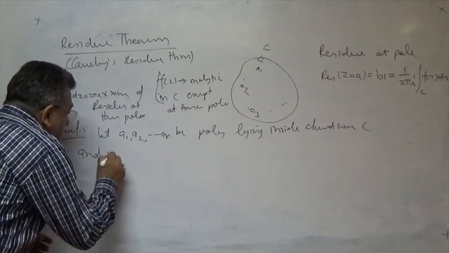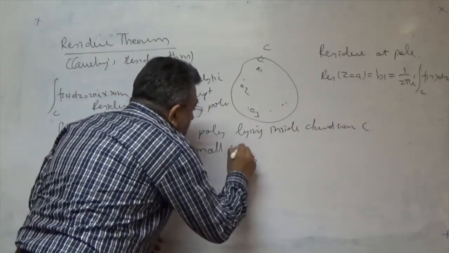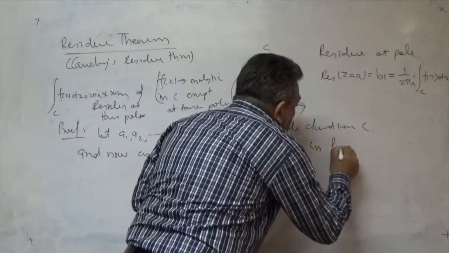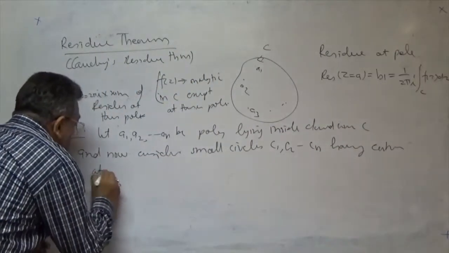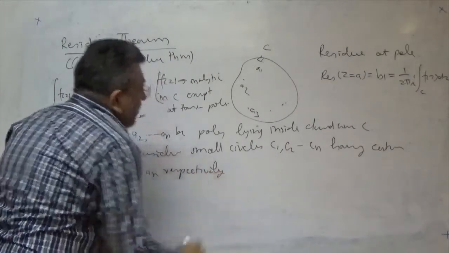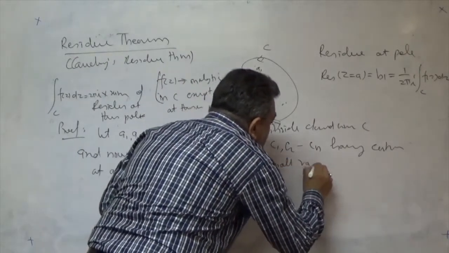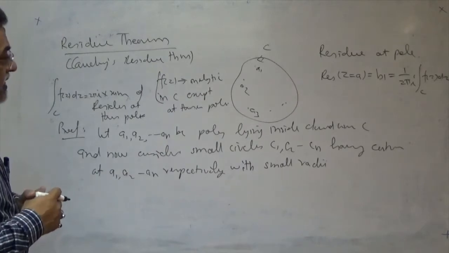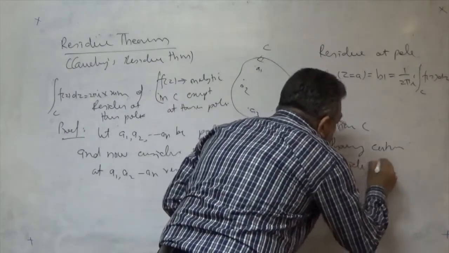Now consider small circles C1, C2, ..., Cn having centers at A1, A2, ..., An respectively, with small radii, lying inside C.